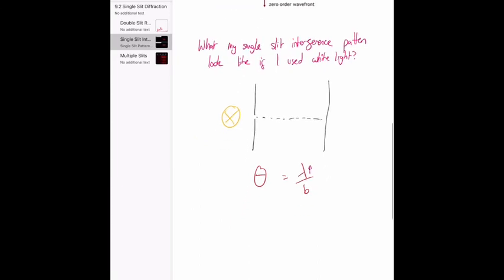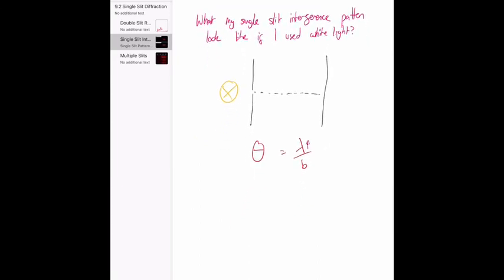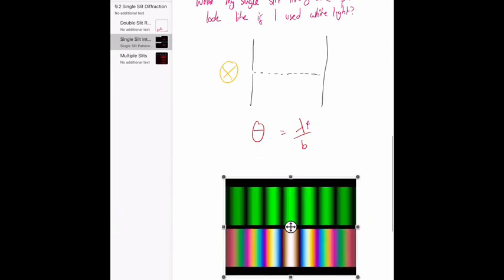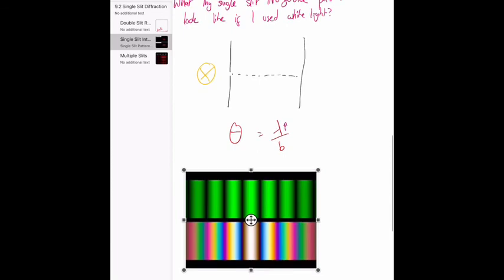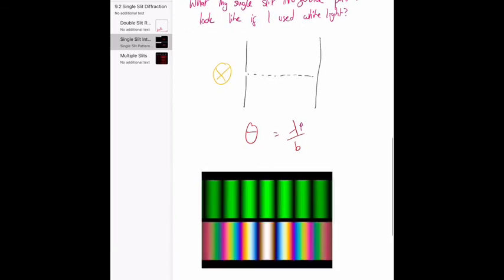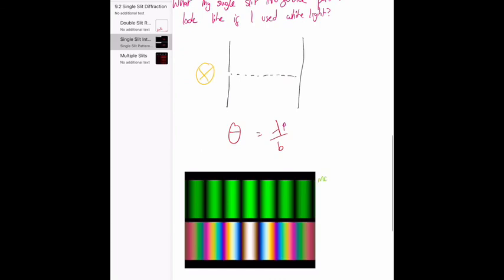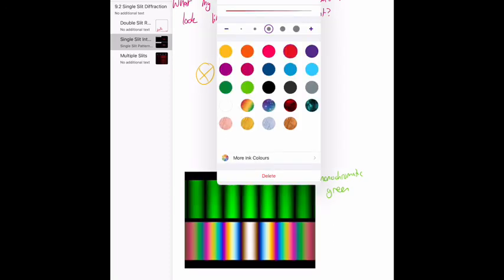Okay, so the answer looks like this. If I take my picture here, we can see on the top I've got monochromatic green light. So that's the interference pattern we are familiar with. Well, in reality, that central maxima would be much, much brighter than the next. So this is not terribly well drawn. Okay, but let's look at the other ones.